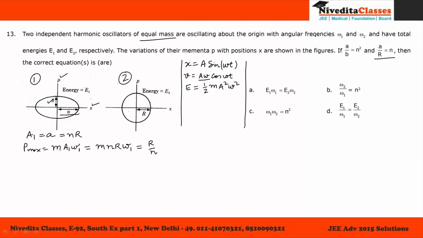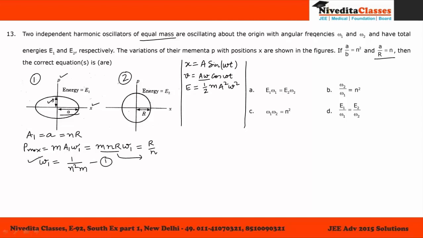From this we can calculate the value of omega 1. Taking all these terms to the other side, R will cancel out and I will get 1 divided by n square m. Let's say this is our first equation, where we have calculated the value of omega 1.